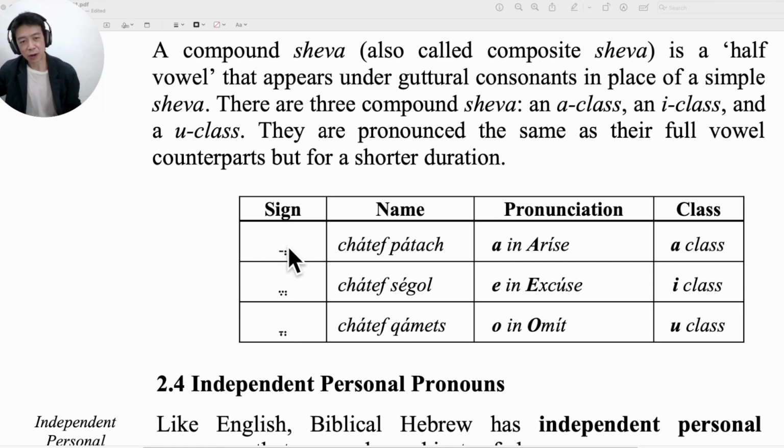So the first symbol is pronounced ah. The second symbol, hatef segol, is pronounced eh. The third one, hatef kametz, is pronounced as in amid. It's not really o. It's halfway between a and o, as in amid.